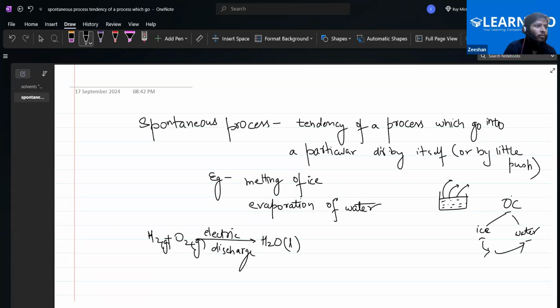So now we will move on to the non-spontaneous process, which has a tendency not to go into any reaction or process except by giving a huge amount of energy, like for example a refrigerator. Or, if we have a motor in our house so that water comes and fills up the tank, right?